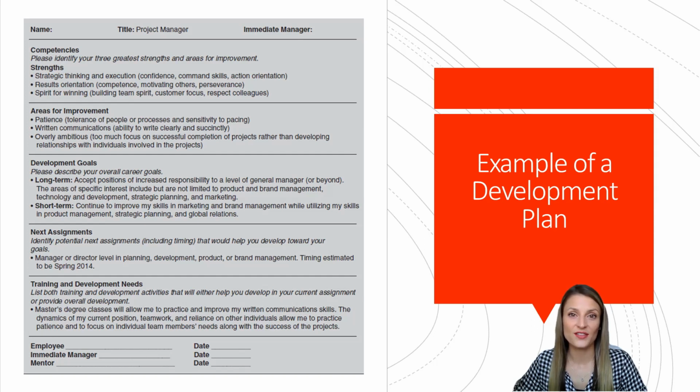The signing of a development plan is important. It creates not only a physical contract, but it also creates a psychological contract between the employee and the manager, the employer. Keep this template and use it to help you structure your own development plan, as well as those of the employees that you will work with in the future.